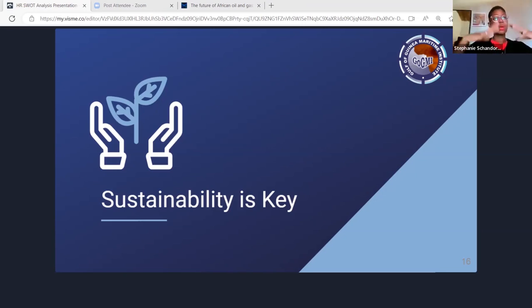In coming up with blue business ideas, sometimes it's not just about seeking after economic prospects, although that is important. Sometimes when you come up with solutions to some of these sustainability concerns that are being faced, you will find that there are actually huge economic prospects in those solutions as well. So in summary, we must take care of the ocean so that the ocean can take care of us.